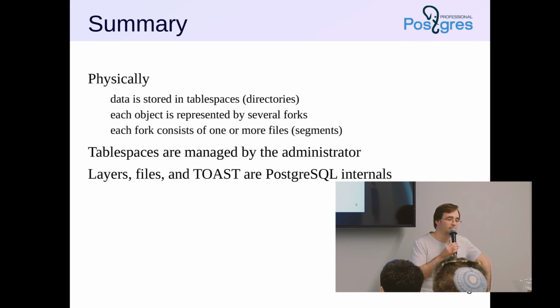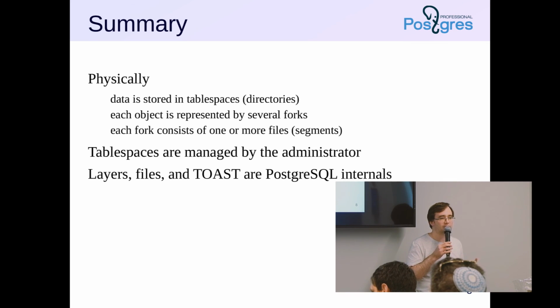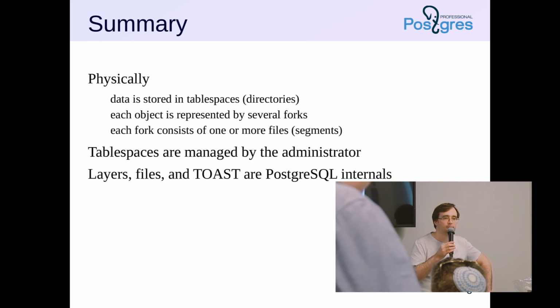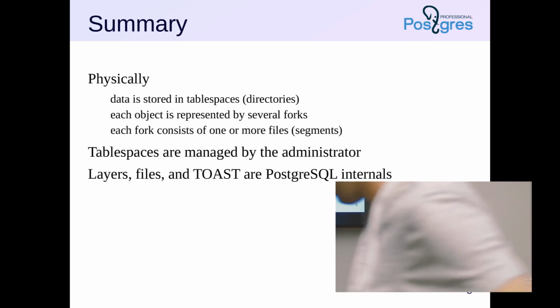The database administrator has means to manage tablespaces, but other things like layers, files, TOAST are basically PostgreSQL internals, and you cannot do anything to them. You can just know that it works this way. Any questions?